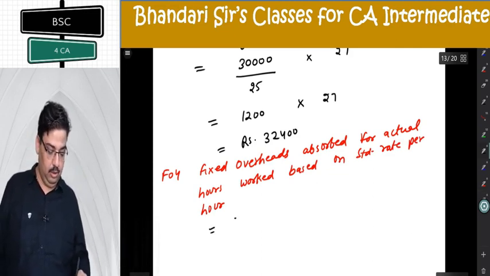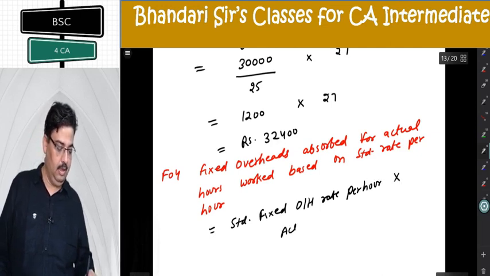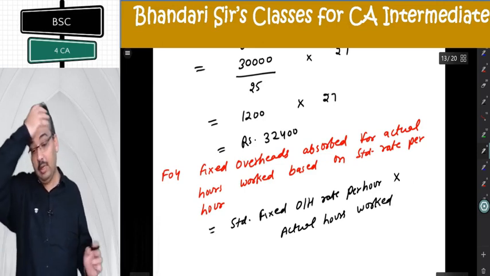Now it is equal to the standard fixed overhead rate per hour multiplied by actual hours worked. Both are directly given.